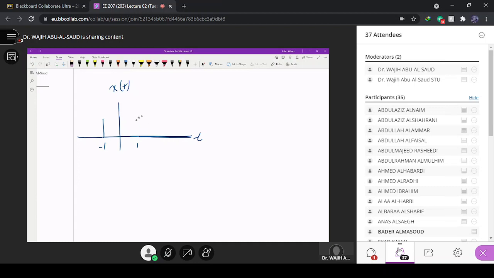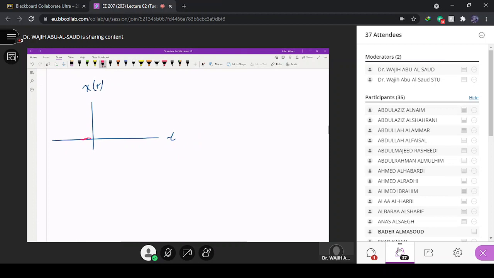So I will select a signal in which all of the transformations will be very visible, so that you understand what are the transformations that we're talking about. And let me sketch it in red. Assume that I have the following signal, which looks like a triangle.